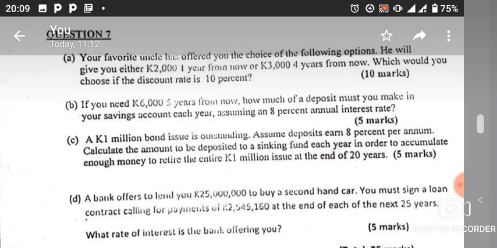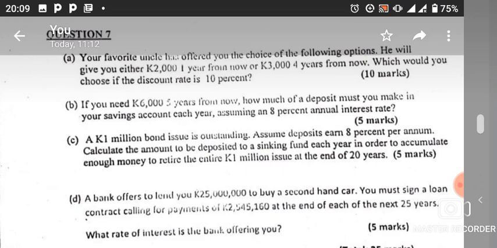And what is this question about? It is talking about something to do with each year, so it's an annuity as well. So we're going to deal with the future value of an annuity. Further, to supplement that, they've added the words in order to accumulate. If you just reason on this word, can you accumulate something in the present?